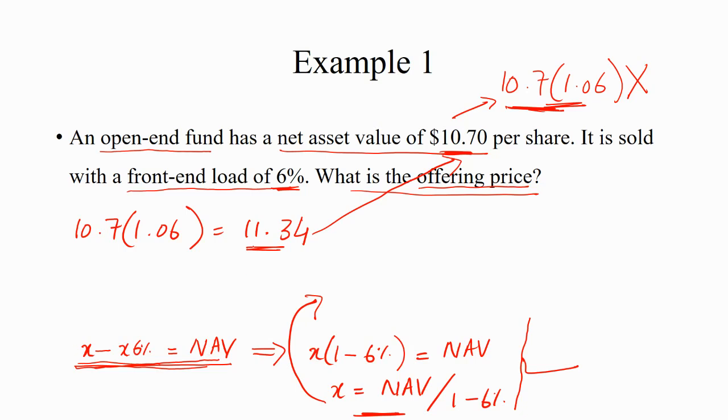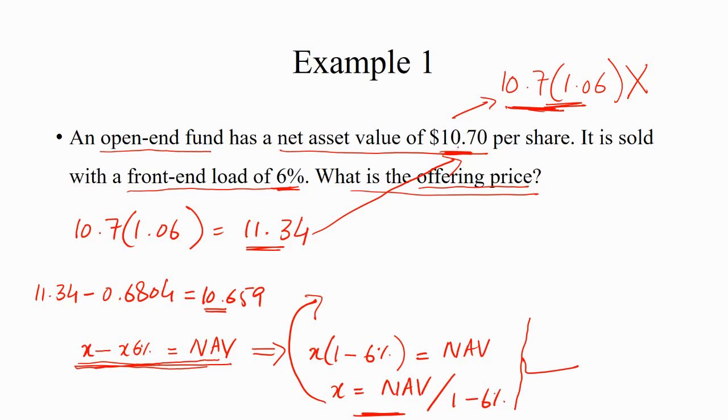This time I already know my offering price, which is 11.34. So 11.34 minus 6% of the offering price 11.34, which makes 0.6804, gives me a value of 10.659.